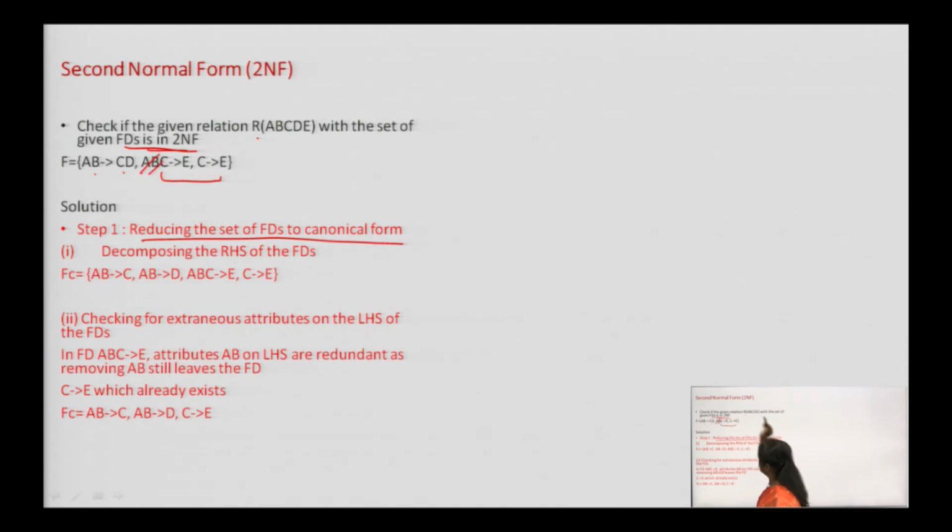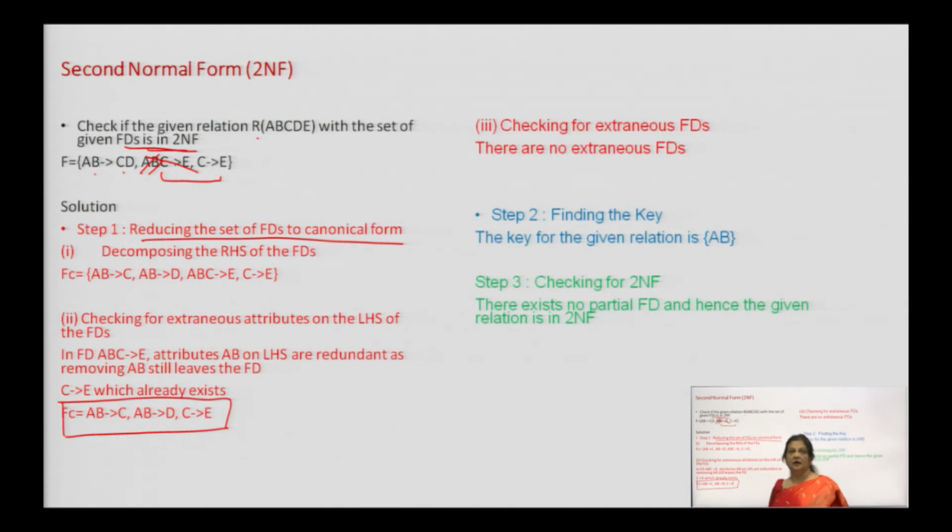If I remove A and B from here, I still have C to E. That means AB is extraneous in ABC to E. So, I get that my canonical cover is FC equal to AB to C, AB to D and C to E, because this functional dependency is gone.